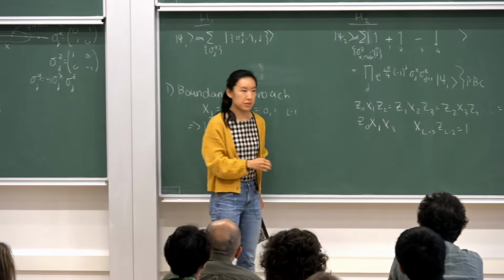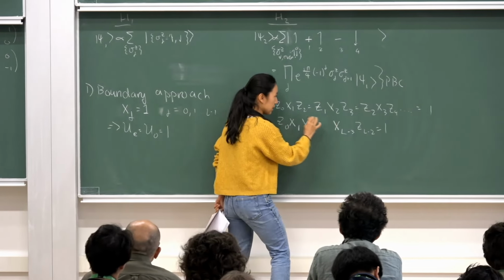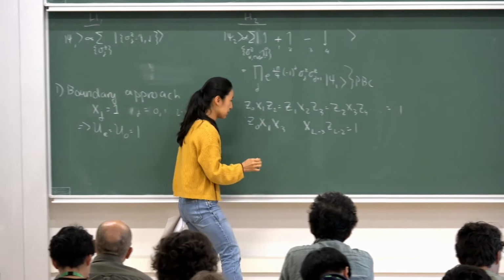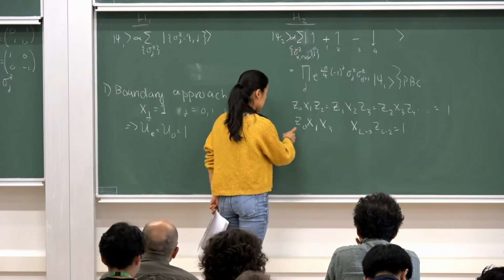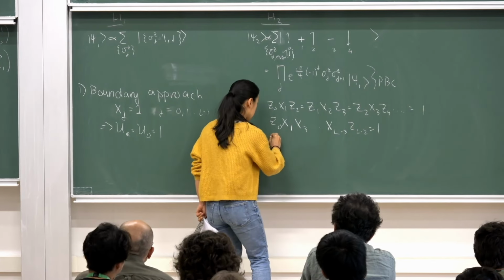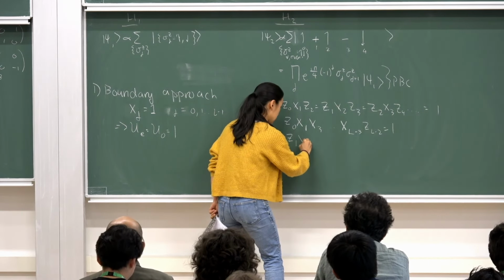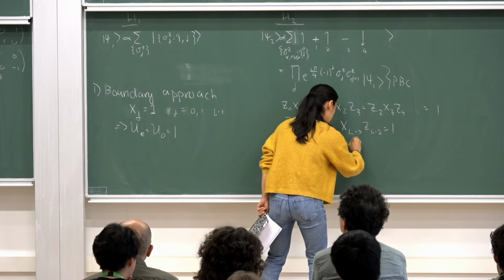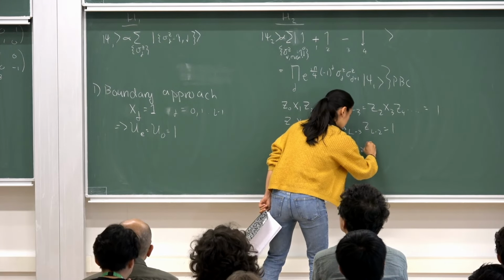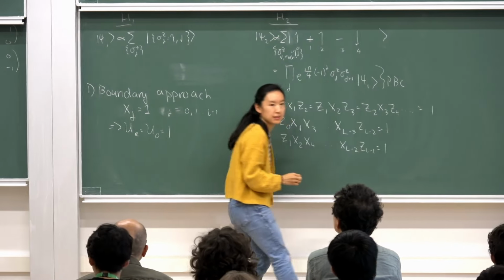So if I multiply all of the odd ones, I'll get this constraint. If I multiply all of the even ones, I'll also get a constraint: Z1 x2 x4 all the way to x L minus 2 Z L minus 1 equals 1.